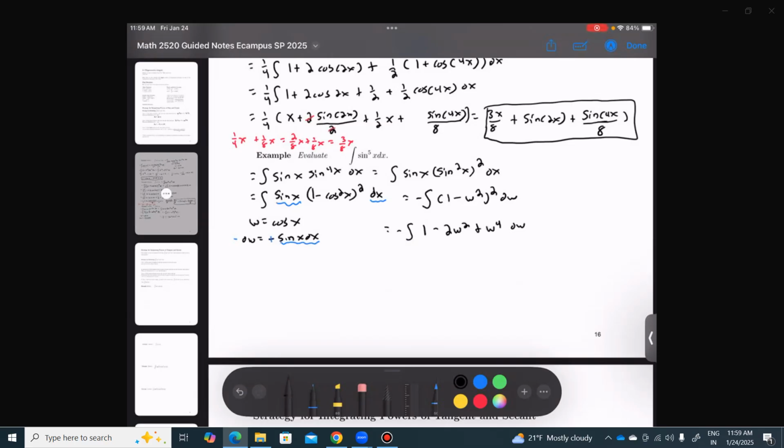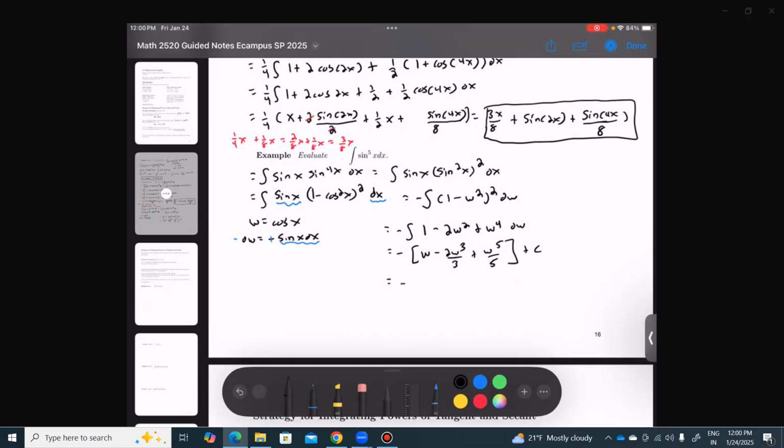Then we can integrate this. So with the negative on the outside for right now, w minus 2w cubed over 3 plus w to the fifth over 5 plus C. And then last step, I'll distribute the negative sign, and then I'm replacing the w's with cosine.